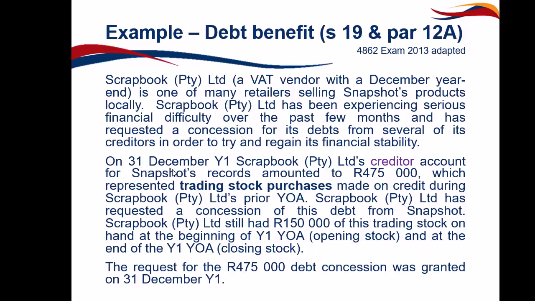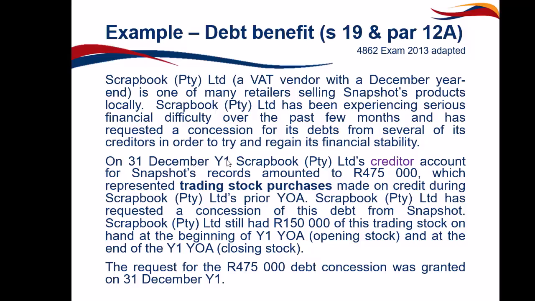On 31 December of the current year, Scrapbook Pty Limited's creditor account for snapshots amounted to 475,000, which represented trading stock purchases made on credit during the prior year of assessment.